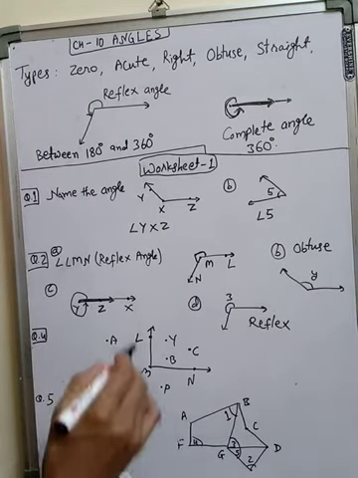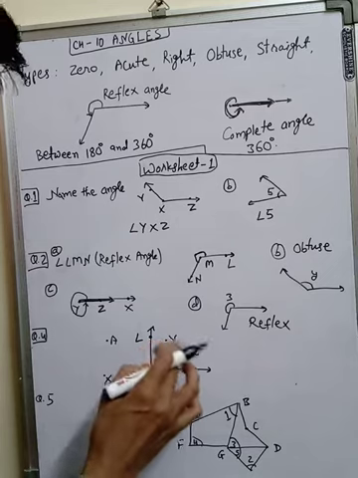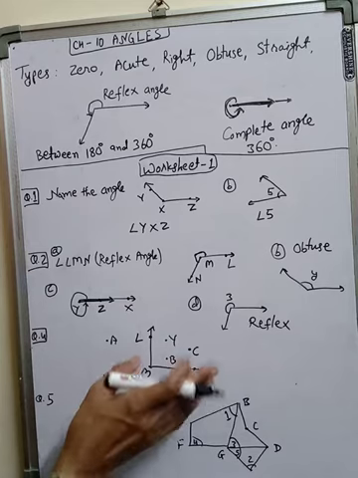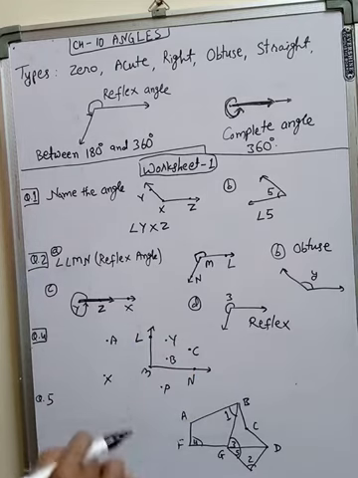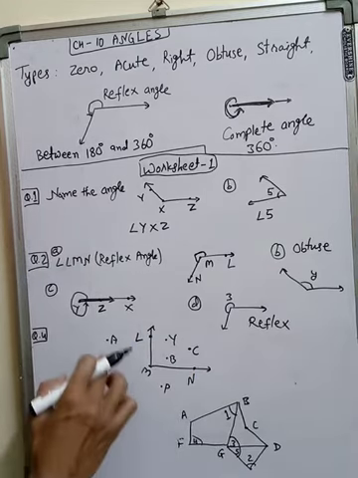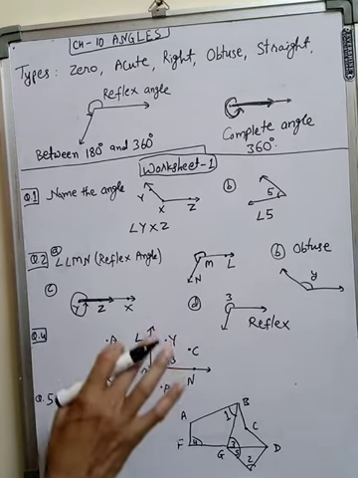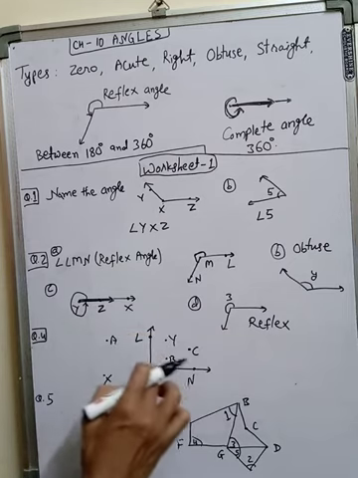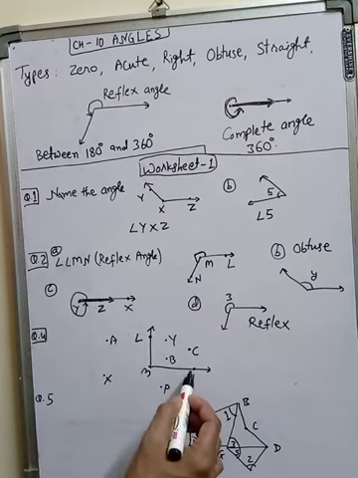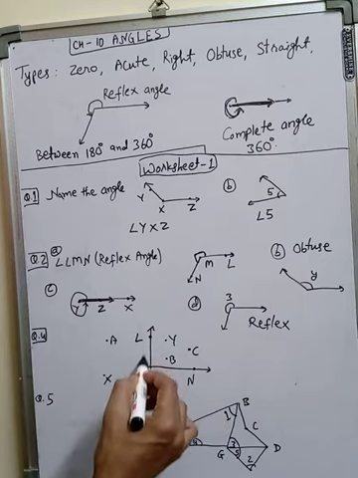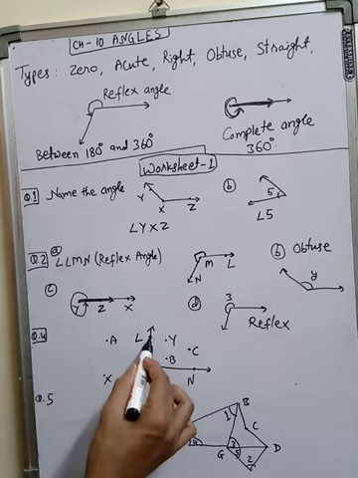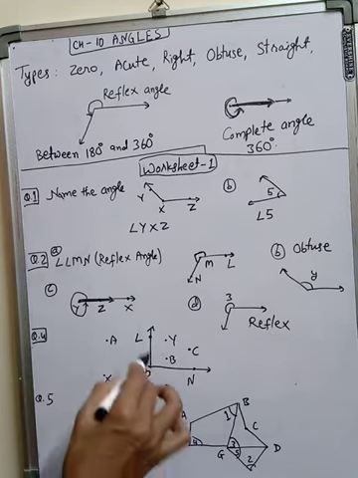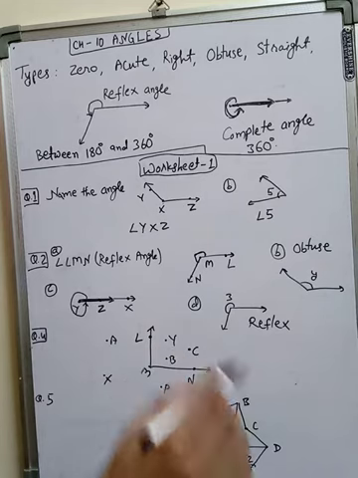Angular region means the points inside and the points on the angle together. जो अंदर में है that is called interior point, और जो बाहर में है ये exterior point होगा. और angular region का point मतलब जो अंदर में भी है और angle के ऊपर भी है. Which points are on the angle? On the angle NML, these 3 points are on the angle. So these 3 on the angle and 3 inside, together make the angular region. So 6 points will be in the angular region.